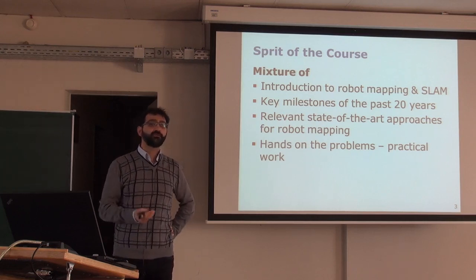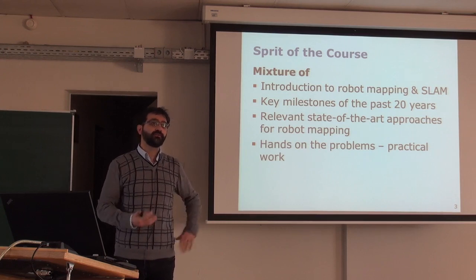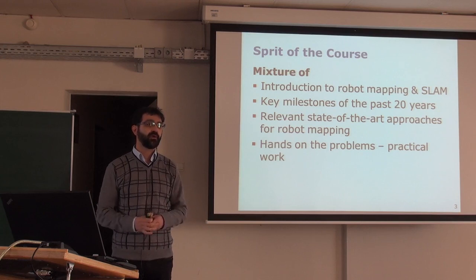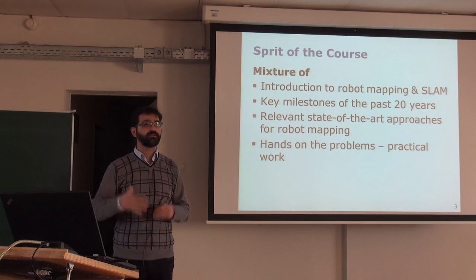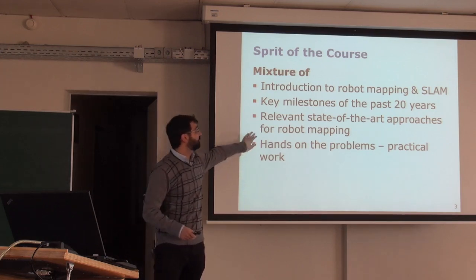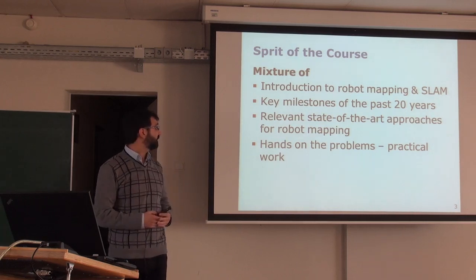If you think about robotics, and especially mobile robotics, you imagine that the robot has to navigate somewhere, and the somewhere has to be modeled in some way. And this problem is in how to model this somewhere, how to model the environment. There have been a lot of relevant state-of-the-art approaches that we will describe later on.